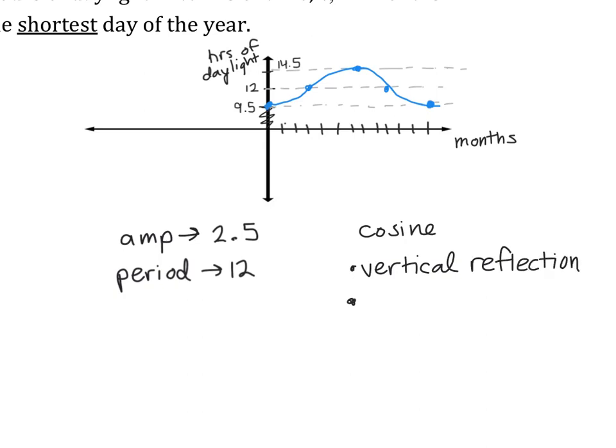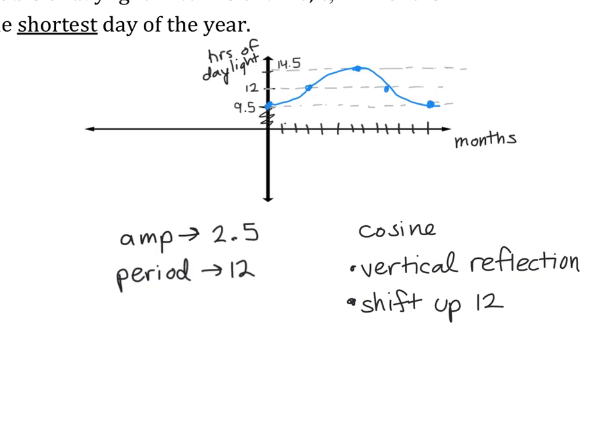And then we can see that our midline, which is usually at 0, is actually up here at 12. So we can say that we have a shift up 12.